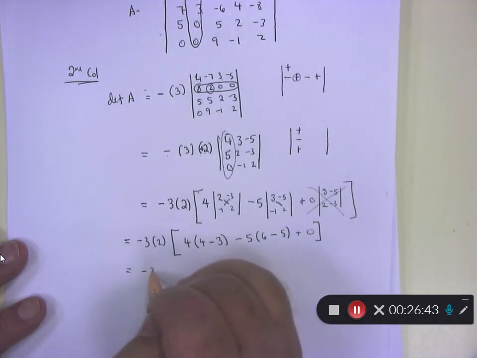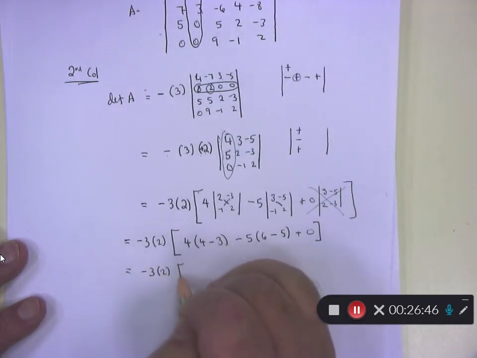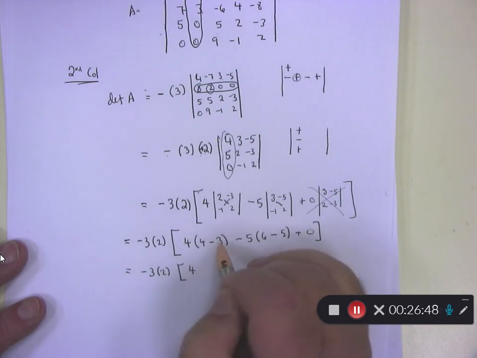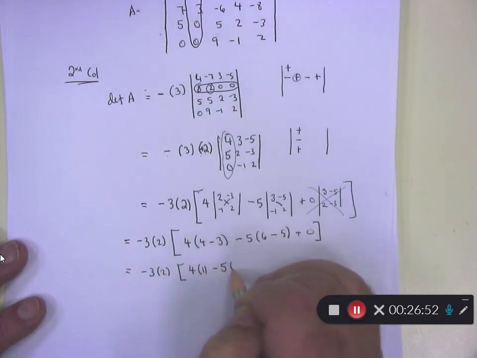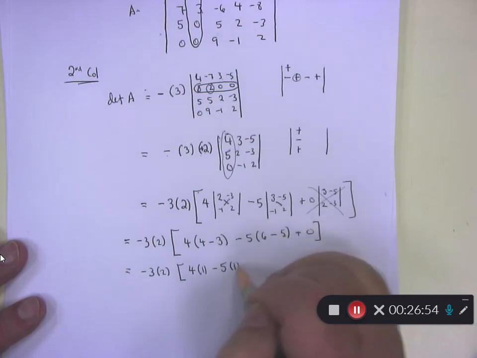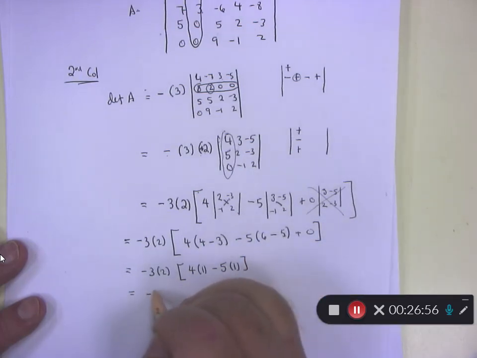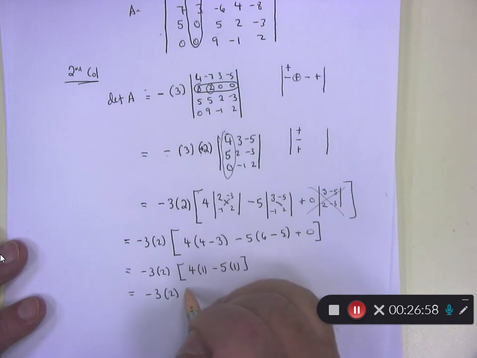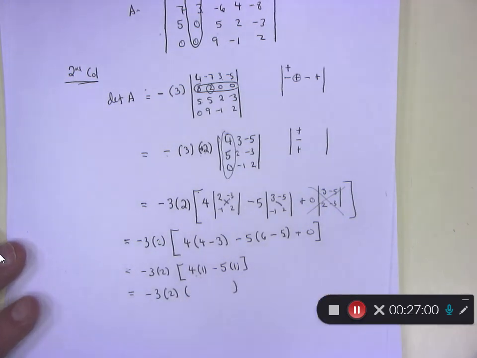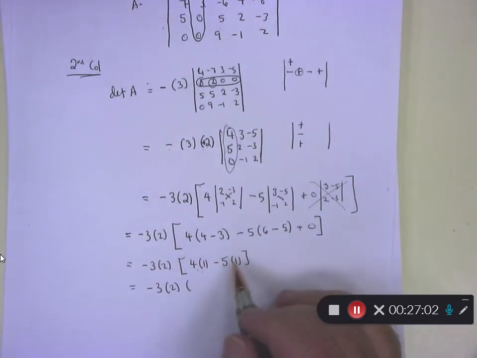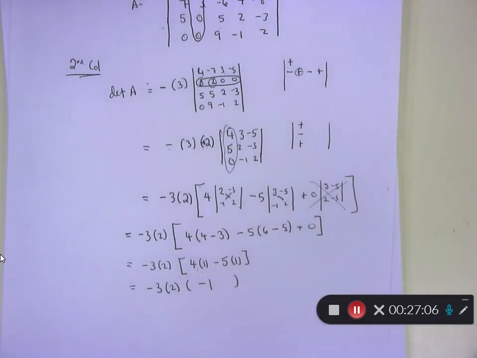So this is negative 3 times 2 times 4 times 3 times 4 minus 3 is 1, minus 5 times 6 minus 5 is 1. So this gives me negative 3 times 2 times 4 times 1 is 4, 5 times 1 is 5, 4 minus 5 is negative 1.